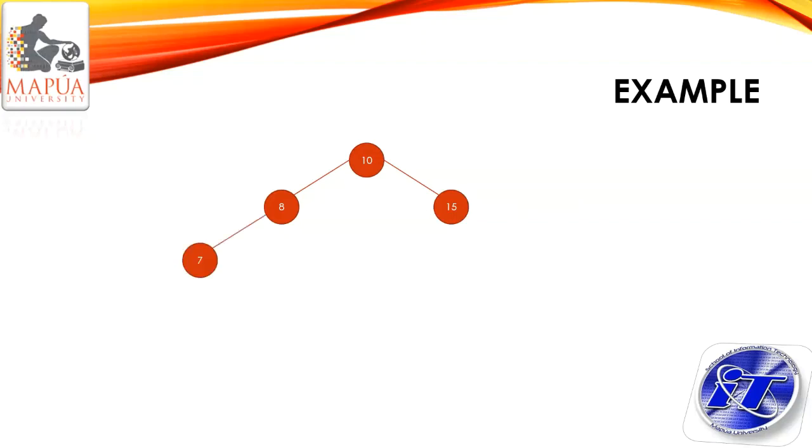Okay, another example. Let's check if all balance factors of each node are equivalent to negative 1, 0, or 1. So let's start with 7. Balance factor of 7: 0 minus 0 is equal to 0. While for 8, we have a left child. So 1 minus 0, so we have 1.